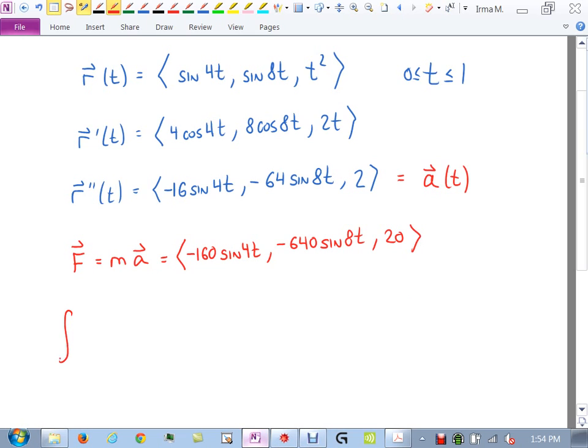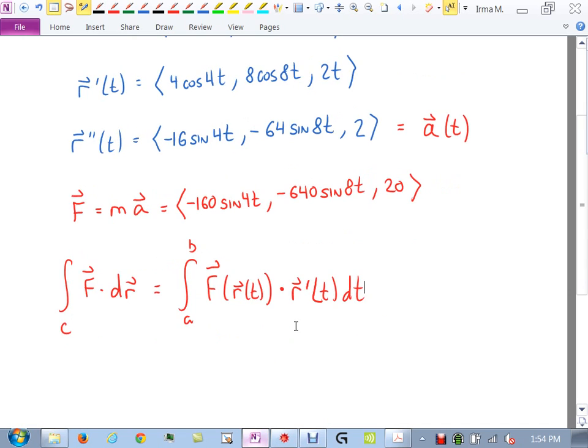So I'm trying to do this right here to find my total work, which is the integral from a to b of the vector field evaluated at R of t, dotted with R prime t dt. So we know what R prime t is, don't we? It's right up there.